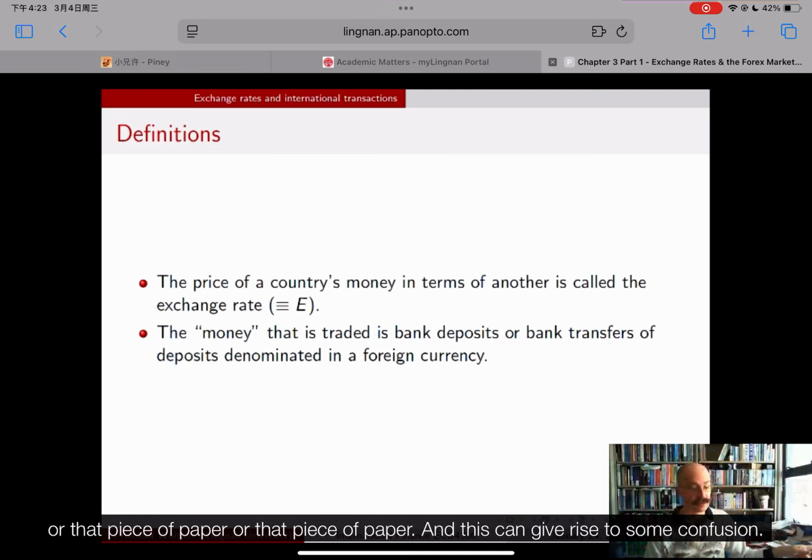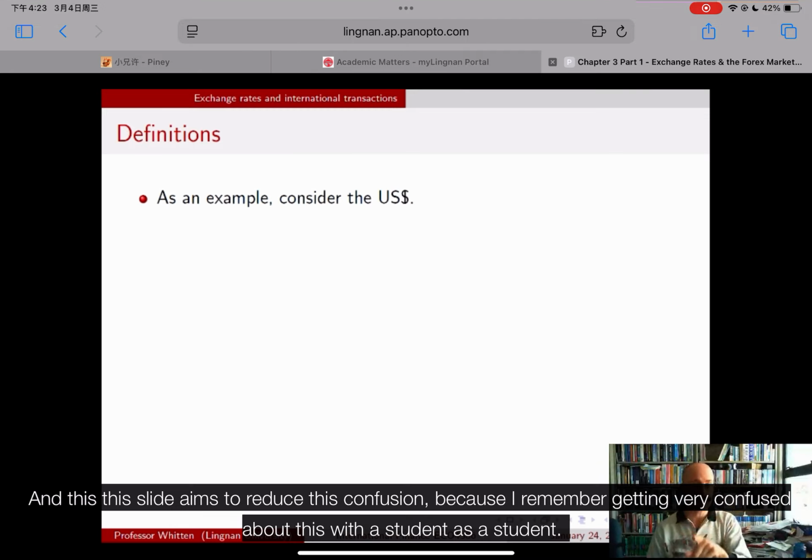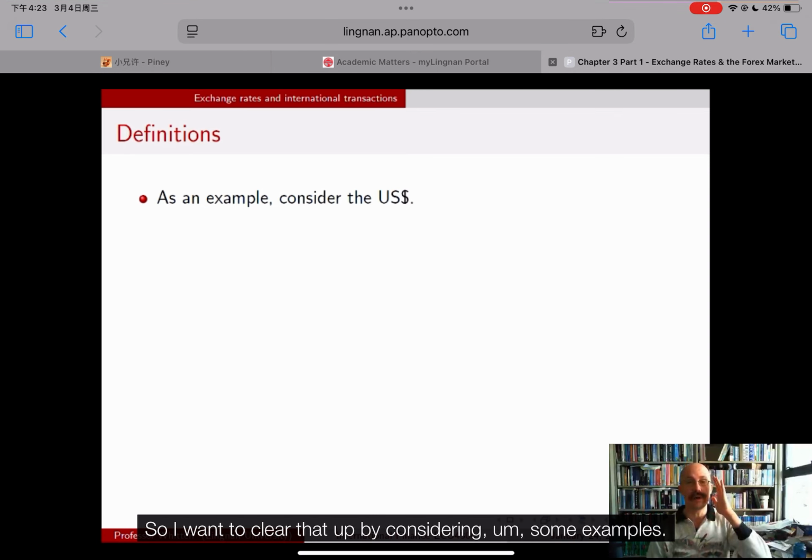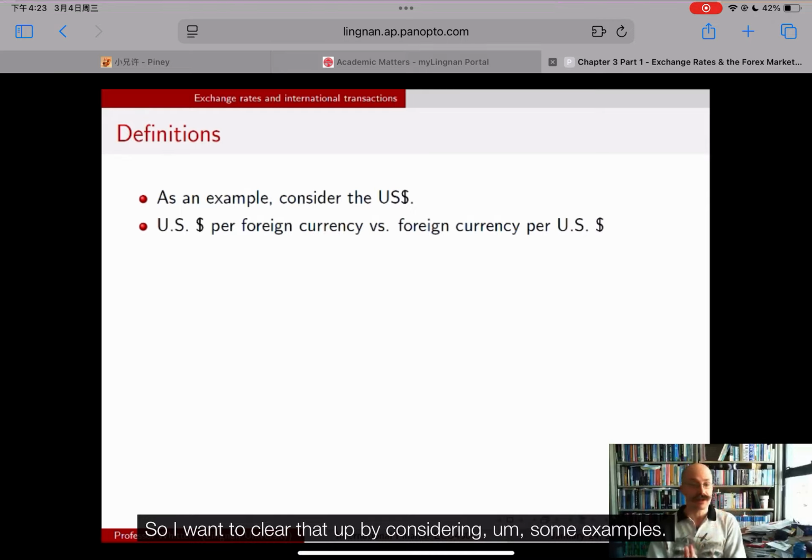And this can give rise to some confusion. And this slide aims to reduce this confusion, because I remember getting very confused about this as a student. And you may also have some confusion. So I want to clear that up by considering some examples.